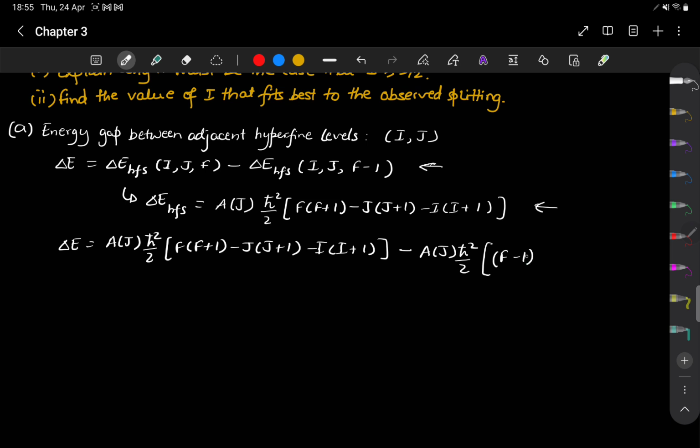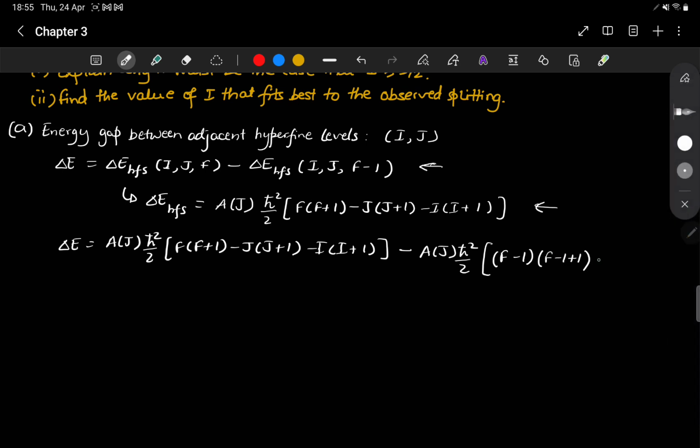So F minus 1 and F minus 1 plus 1, that is nothing but F itself, and j remains the same, and so does I. Let me rewrite it a little bit smaller so that it fits into this one row.